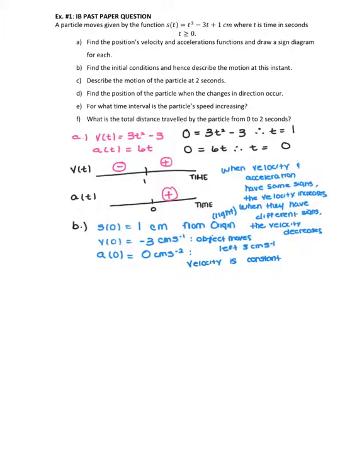Let's do C. C says, now tell me what happens at 2 seconds to the object. So likewise, you find S of 2, V of 2, and A of 2.